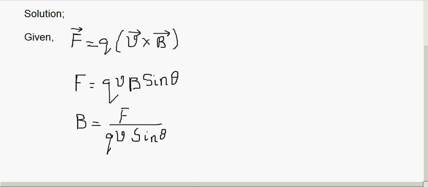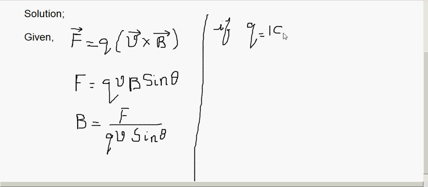Now if Q is equal to 1 coulomb, and V, the velocity, is equal to 1 meter per second, and if the charge is moving perpendicular to the magnetic field, that is the angle between V and B is 90 degrees, if theta is 90 degrees, then sin theta becomes 1.